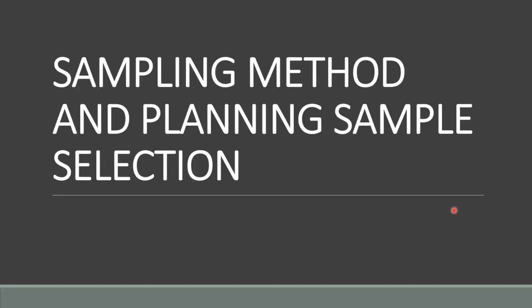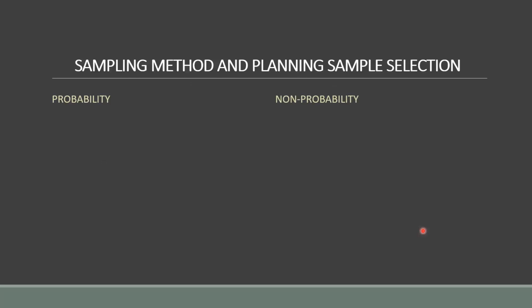Next thing that we should discuss is the sampling method and the planning of sample selection. We have two methods here, which are probability and non-probability. Before we dive deeper into the actual techniques of obtaining our samples, let us differentiate first probability from non-probability sampling.